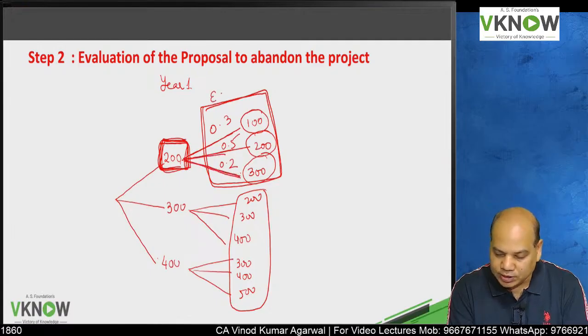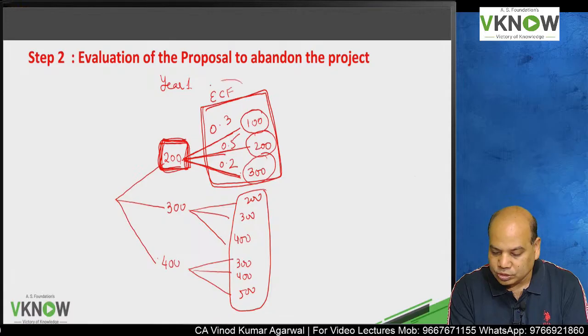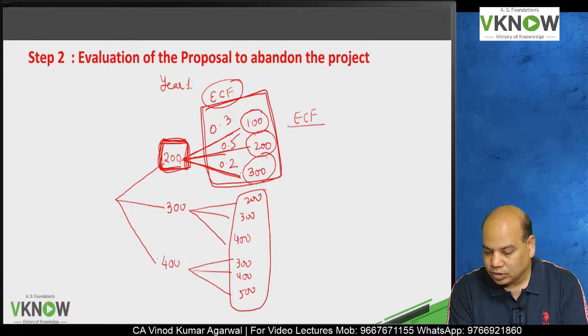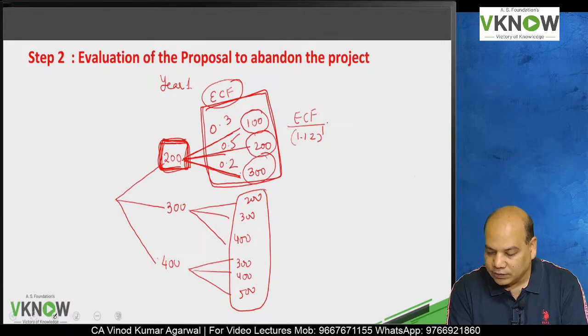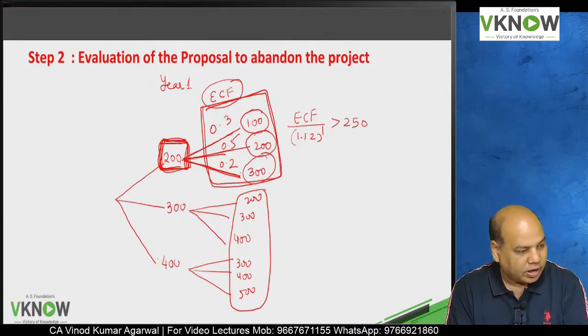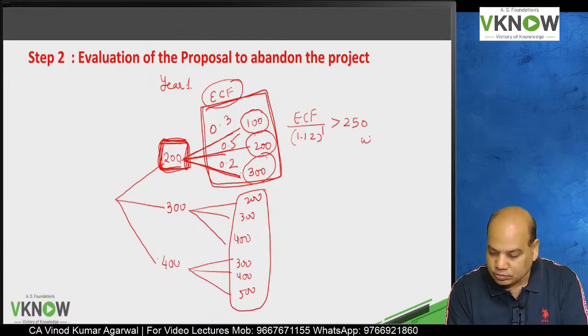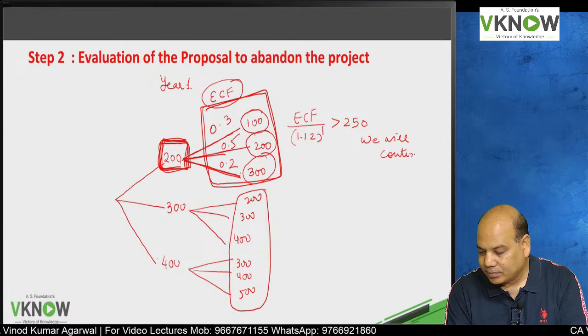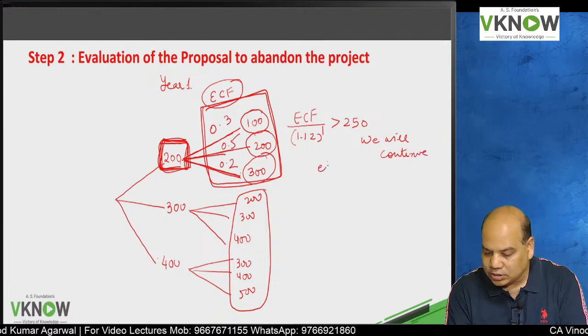So we'll compute the expected cash flow of year 2 and compute the present value, divide by 1.12 to the power 1. If this figure is greater than 250, that is your abandonment value, we will continue. Else abandon.